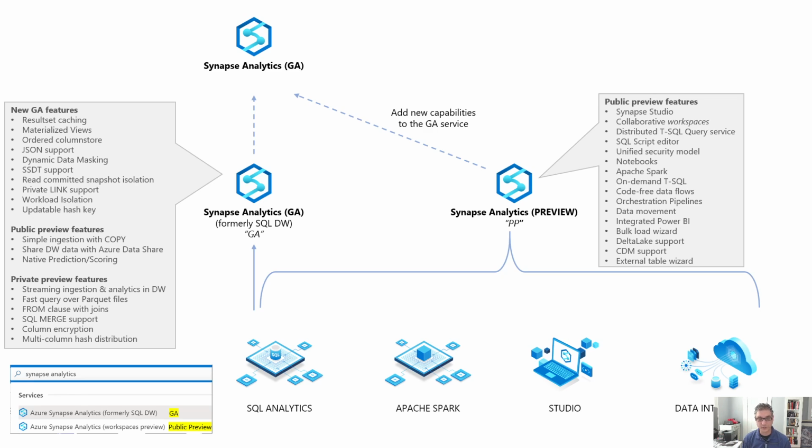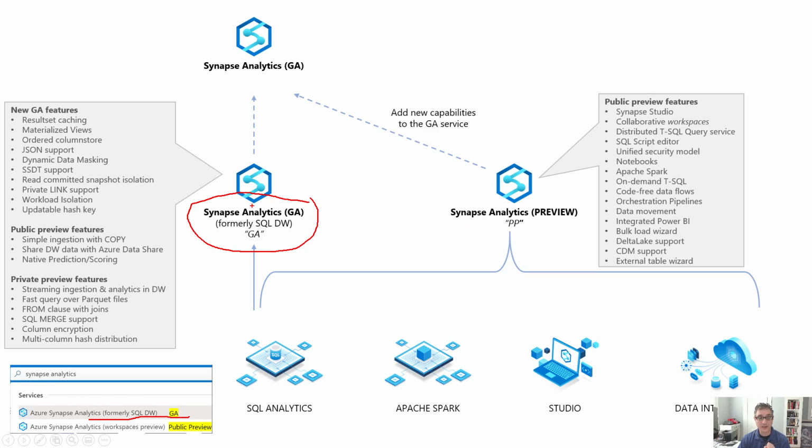To clear up a little confusion, what we have in GA is Synapse Analytics, and that is the former product called SQL Data Warehouse. So if you go to the Azure portal and you type in Synapse Analytics, you'll see that come up as our GA product. What is in public preview and going to be GA soon is a newer version that has a lot more features.